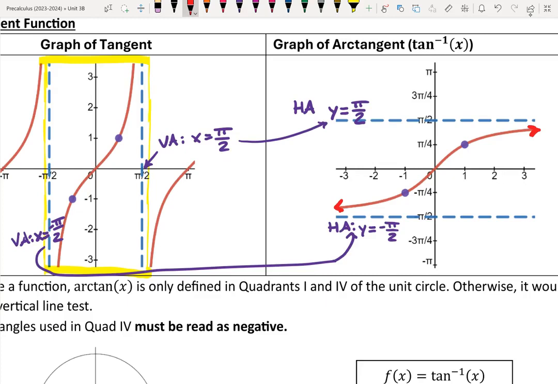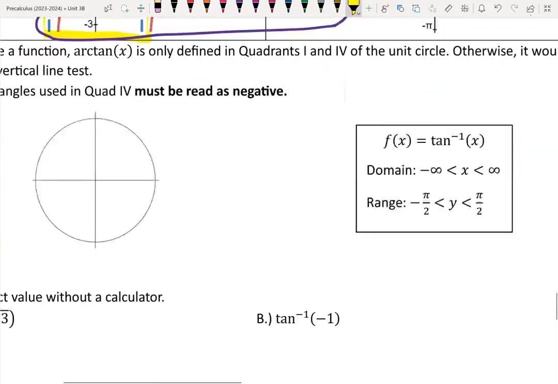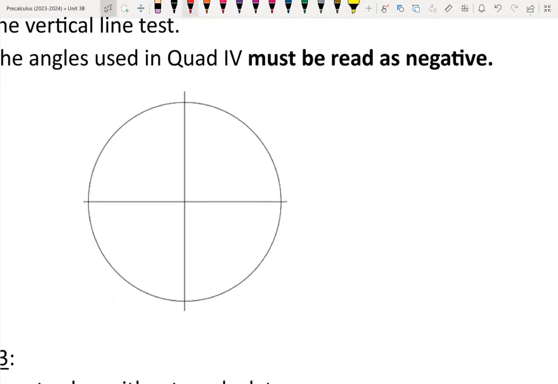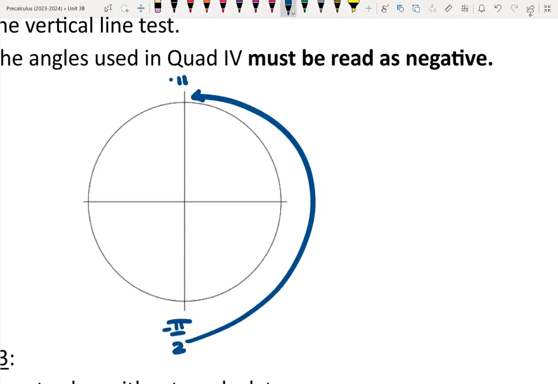Now, again, we have this restriction between -pi/2 to +pi/2, so let's think about that in terms of quadrants. So again, if I go from -pi/2 all the way around to +pi/2, this is for tan inverse, which two quadrants are then involved? 1 and which do we get to cross out?